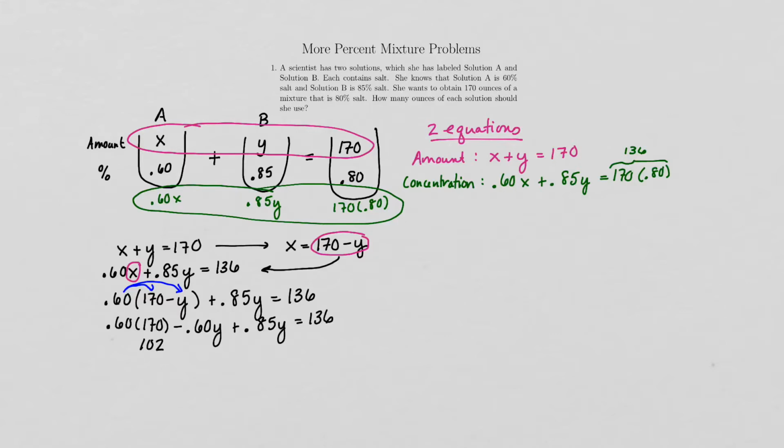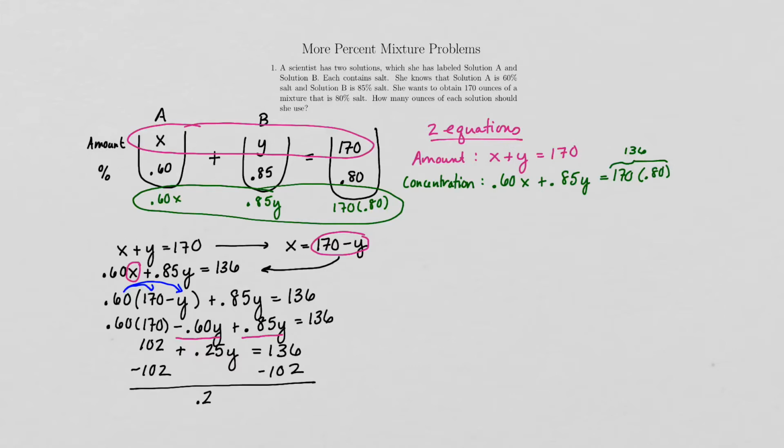If you notice, the minus 0.60y and the plus 0.85y both have y's in them, so they're like terms, and I can put them together. That's going to leave me with plus 0.25y equals 136.